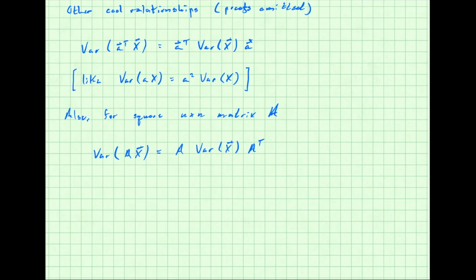That is to say, this thing is the variance-covariance matrix, instead of just the variance of a random variable.